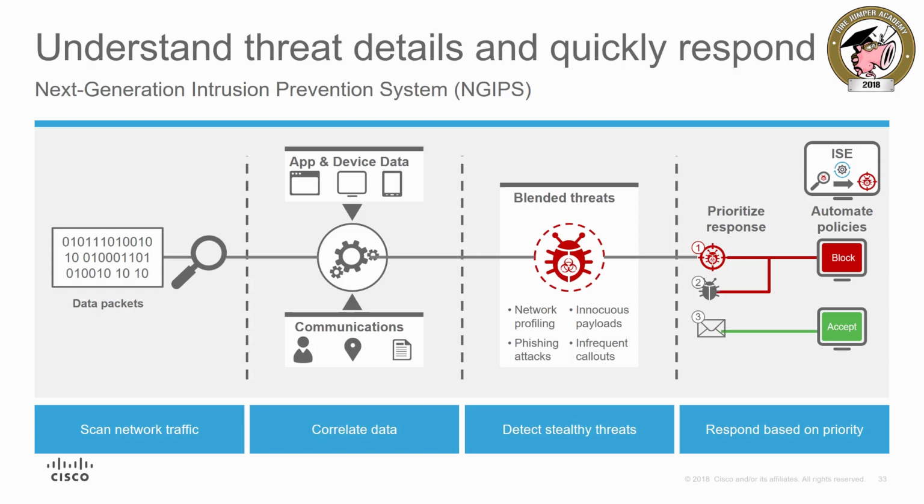As NG-IPS continuously scans network traffic, it uses all the information about your devices and applications to better analyze intrusion events by automatically correlating that information with the vulnerabilities those assets contain. The next-gen IPS can assess each threat and prioritize which intrusion events are impactful and should be immediately investigated.